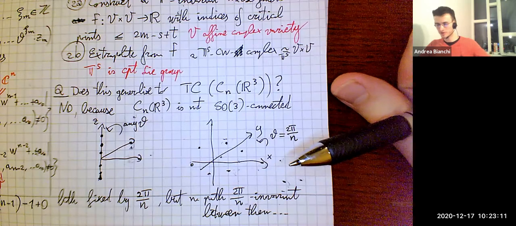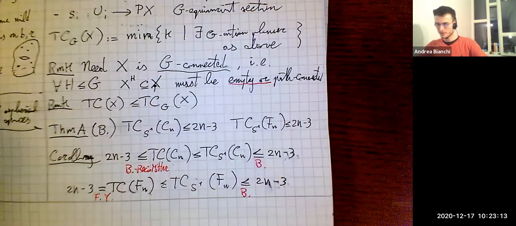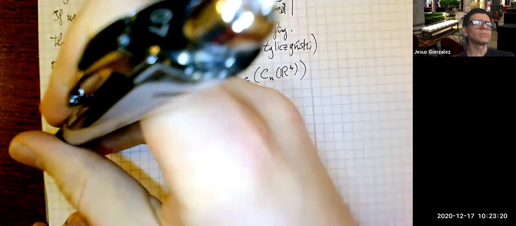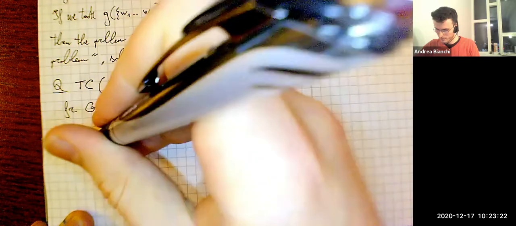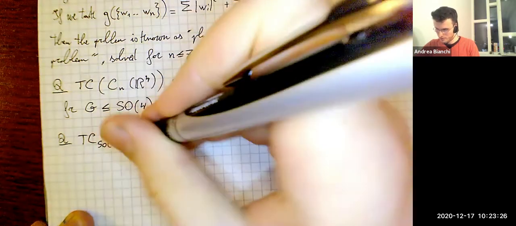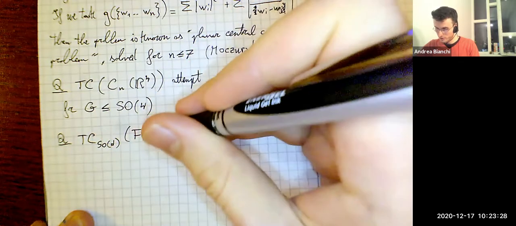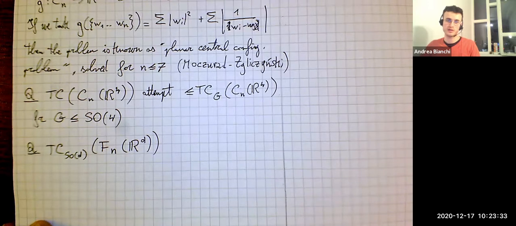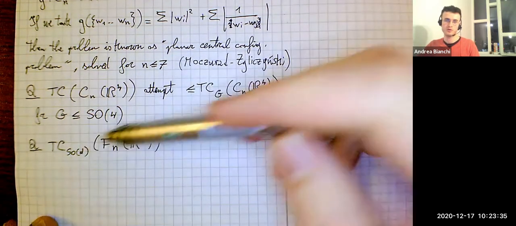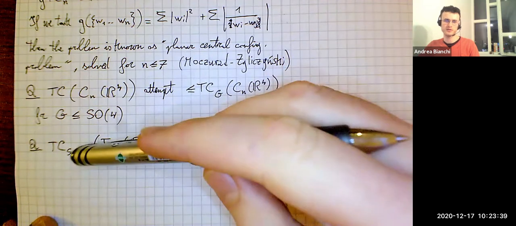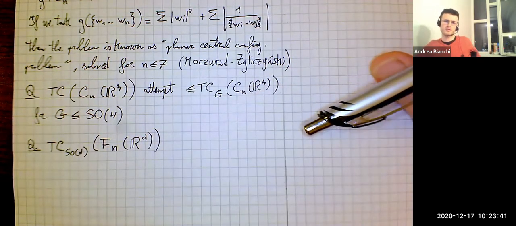Maybe another thing one could try first is the question, what is the SO and SOD equivariant topological complexity of the ordered case? This might be an easier question. We know much more about the ordered configuration space. Is this known? Actually, I don't know.